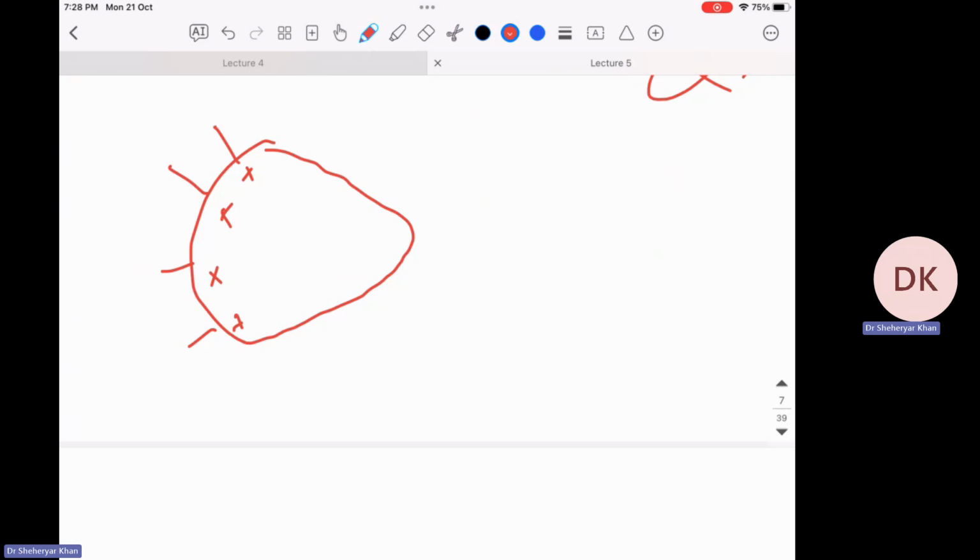But at this position they need to be very, very close so they can remain perpendicular. Did you understand? So that's the concept.